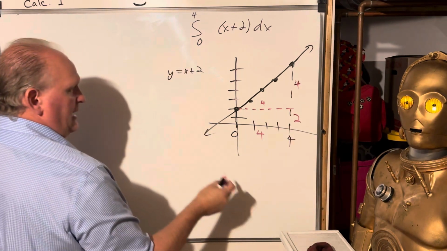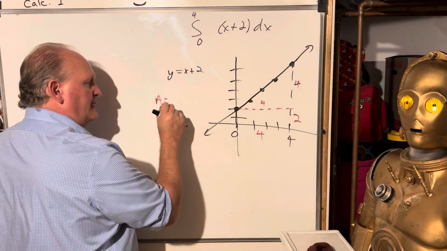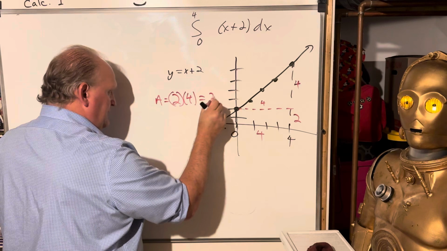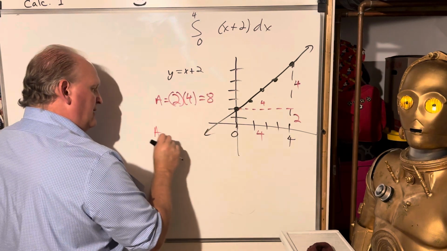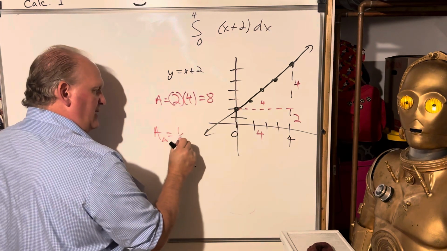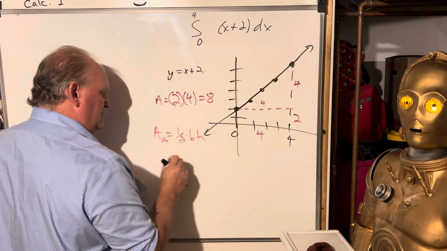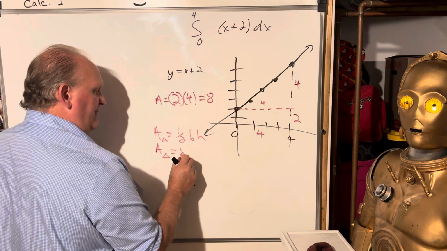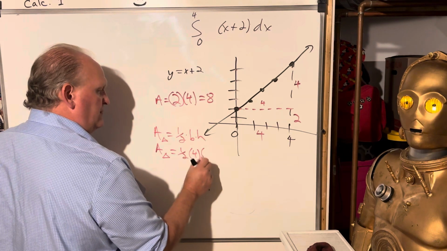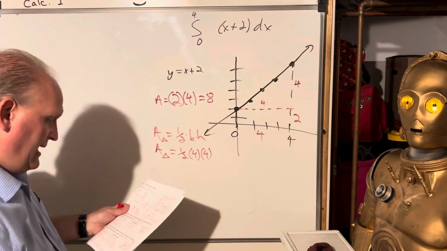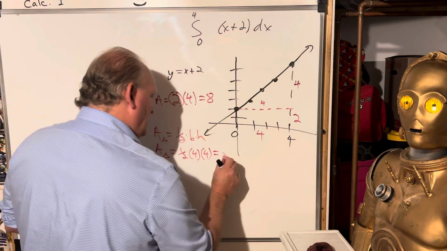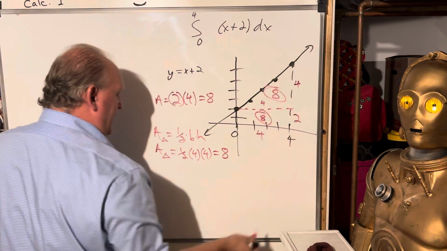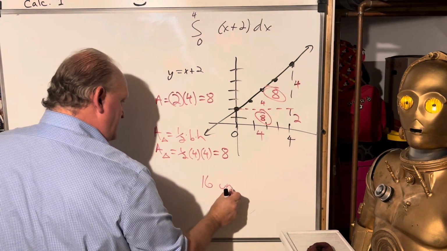And so then we'd say the area of the rectangle, 2 times 4, that's 8 again. And the area of the triangle is 1/2 base times height, half of 4 times 4, which is also 8. Then we add those two areas together. So 16 square units.